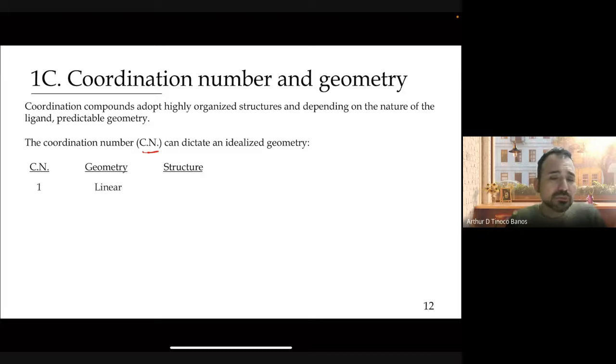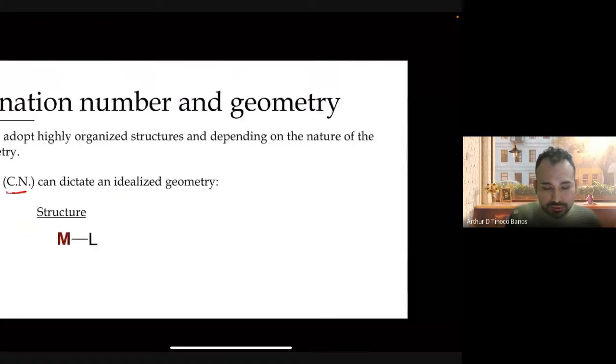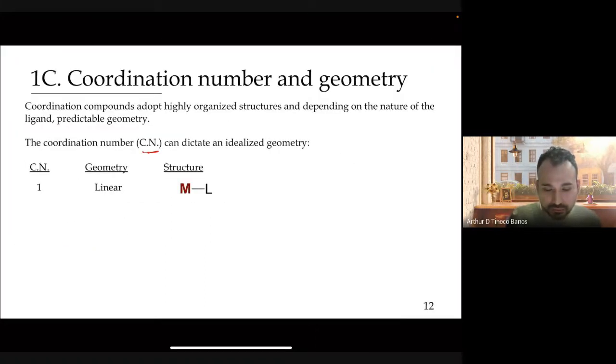So let's explore this idea. All right, so coordination number 1, that's very overly simple. That's obviously a no-brainer. Here we have a representation, linear, but that's basically 2 atoms forming an interaction. This is 1 bond. But really, this idea starts when you start with coordination number 2, where typical coordination number 2 would dictate a linear geometry, as we saw when I was talking to you guys about silver plus interacting with the 2 ammonia molecules.